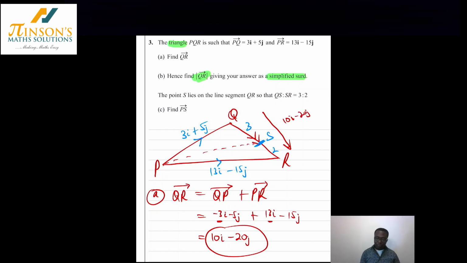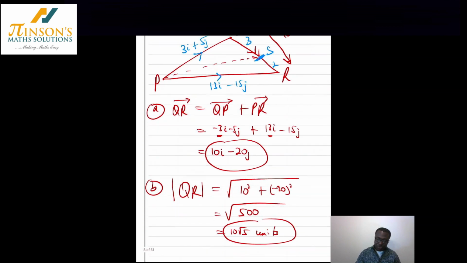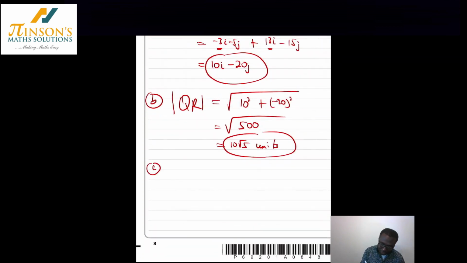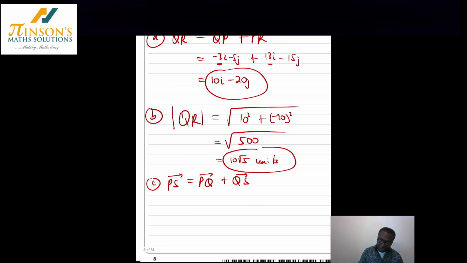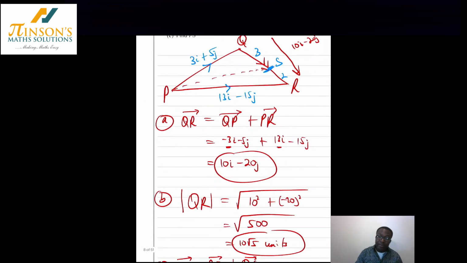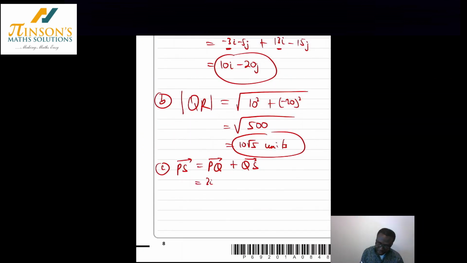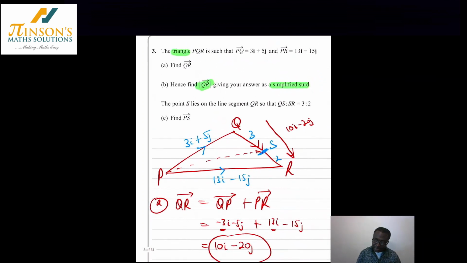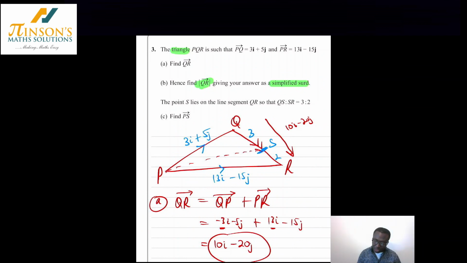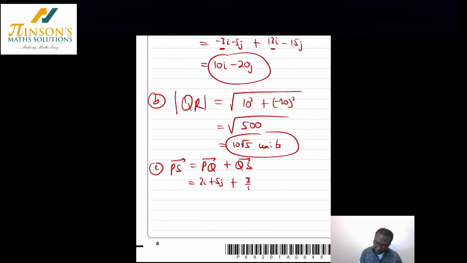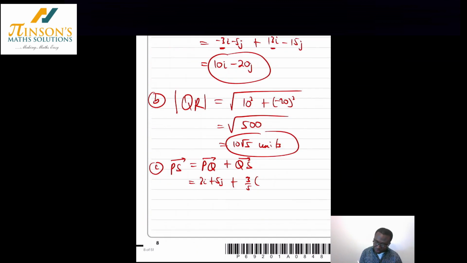To drive from P to S, I can go from P to Q and then from Q to S. So our C part, from P to S we're going to drive from P to Q, and then from Q we're going to drive to S. We know P to Q is 3i add 5j, so we write that down. Add Q to S, which is 3/5 of Q to R, which is 10i minus 20j.